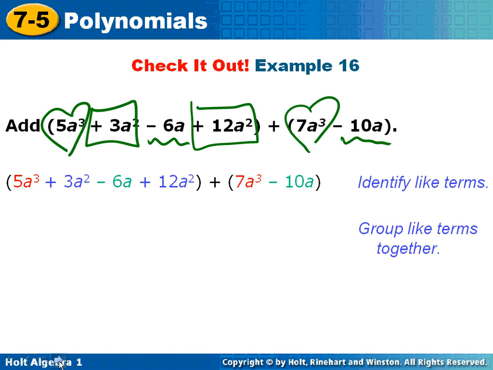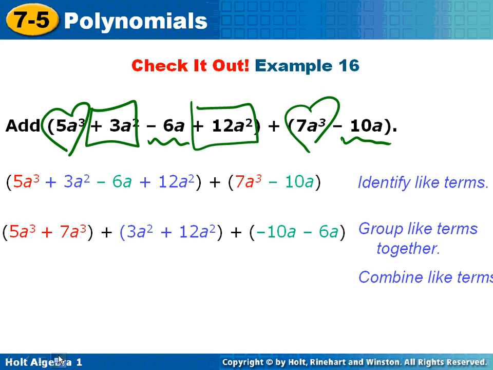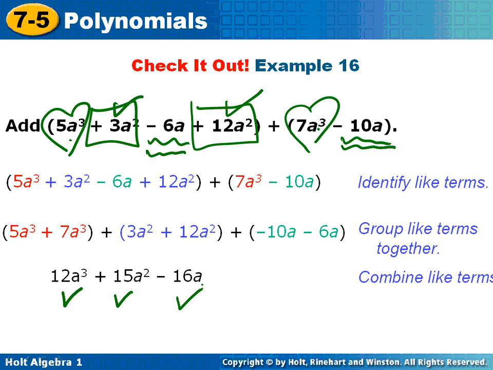Putting those together, you can do this part again, or you can skip this part and do it in your head. You end up with, combining like terms, 5 and 7 is 12, 3 and 12 is 15, and negative 6a and negative 10a is minus 16a.